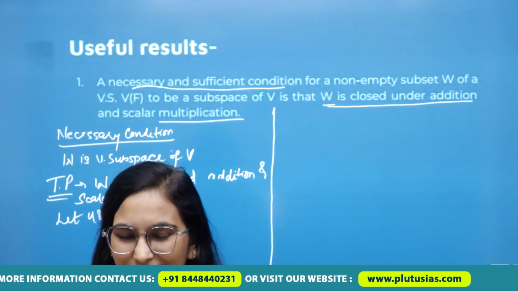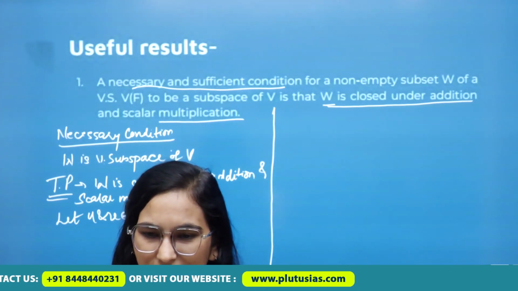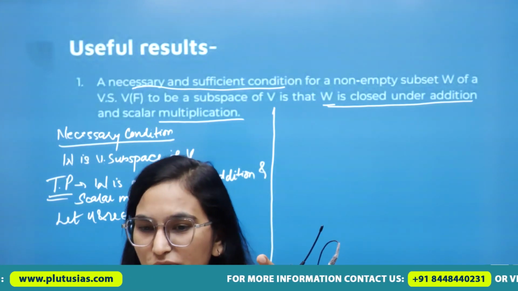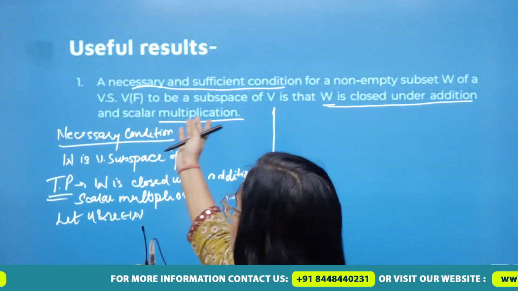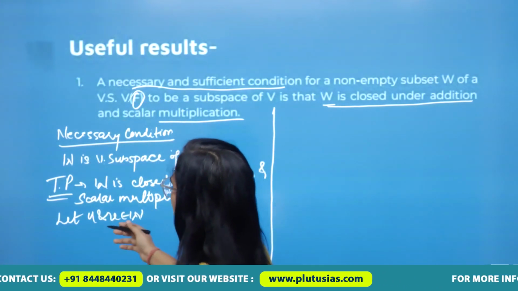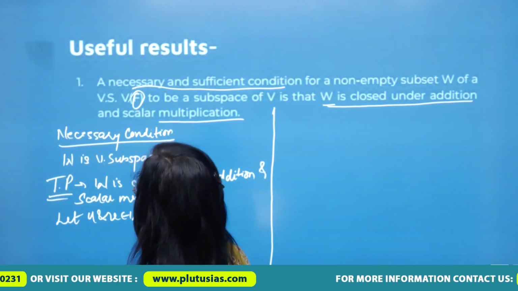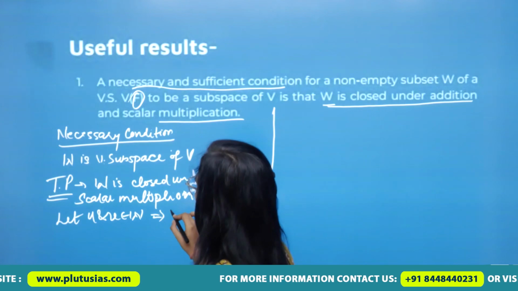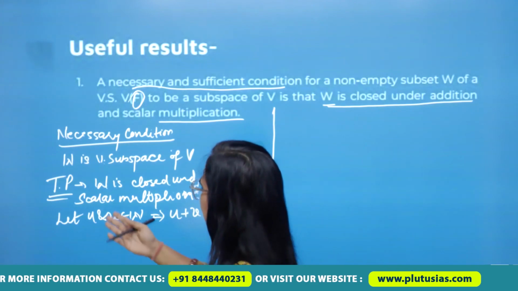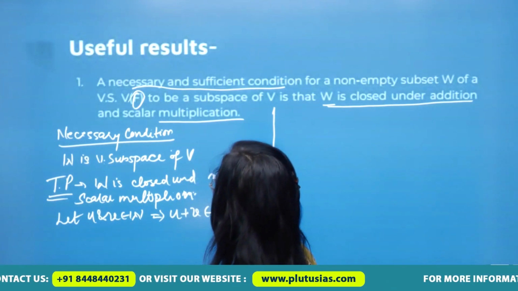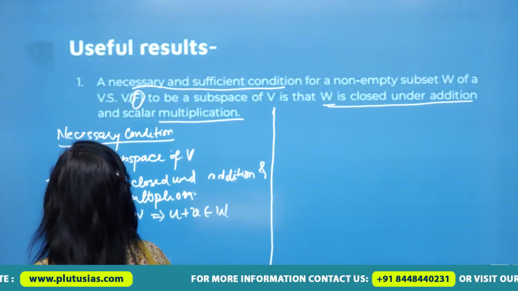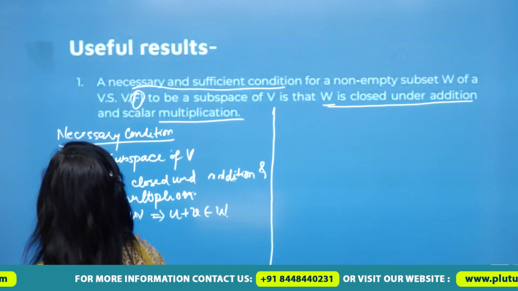These were two basics: the internal binary operation should be defined on W, and the external binary operation should also be defined on W over the given field F. So W is a vector space and by the law of the internal binary operation, u plus v would belong to W. And what is this? Nothing but closed under addition. Hence W is closed under addition.